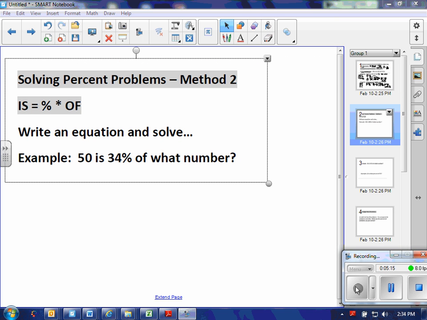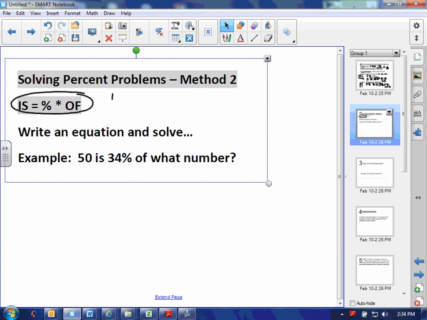Now let's talk about method 2. Method 2 is the equation. Is equals percent times of. Again, once we can figure out is represents a portion of the total, the of represents the total amount, and the percent is obviously the percent.